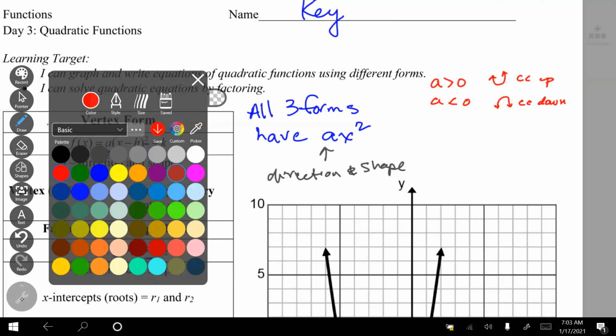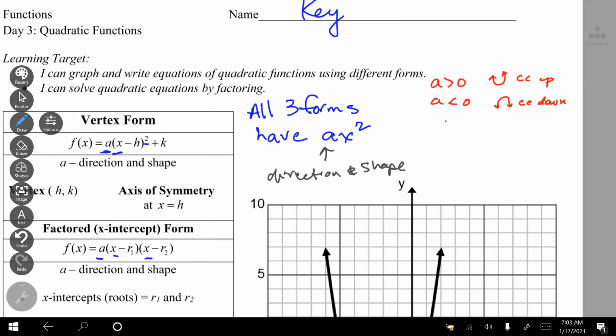When the absolute value of a is bigger than 1, it is going to be vertically stretched. Usually it's going to get skinnier. It's going to be very narrow.